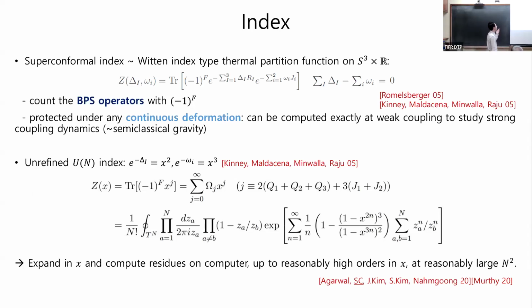For a moment, let us only turn on chemical potentials like this, so you have only one fugacity x. You can consider an expansion in x, and this will give you the degeneracy at each charge sector. This unrefined index has a unitary matrix integral representation given as this. This vector comes from the single-letter partition function I already showed you, with the scalars, spinors, and so on, and their contribution to the index.